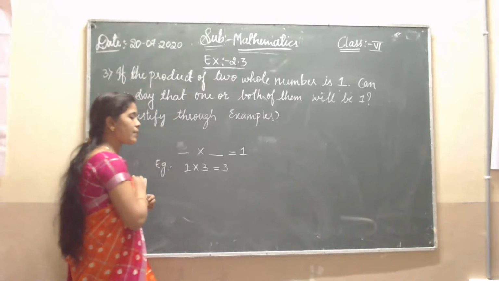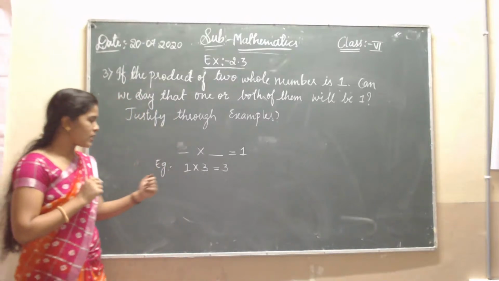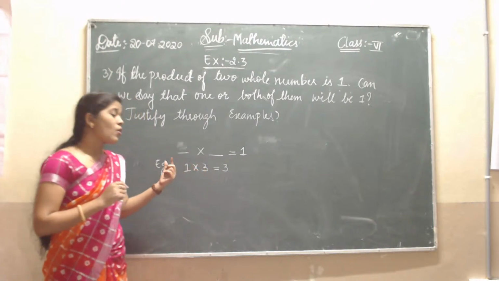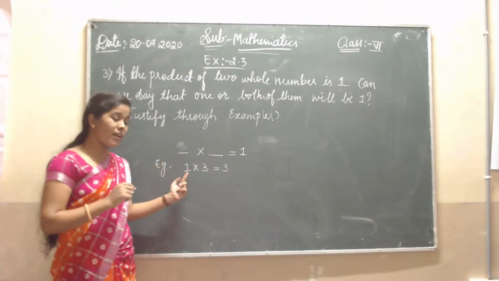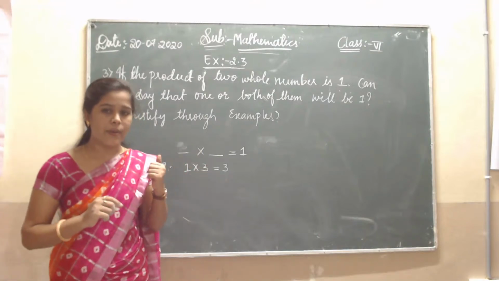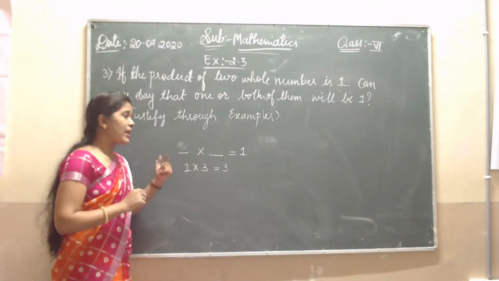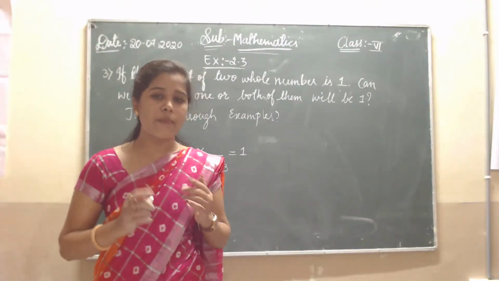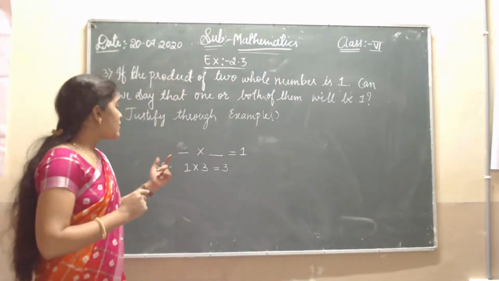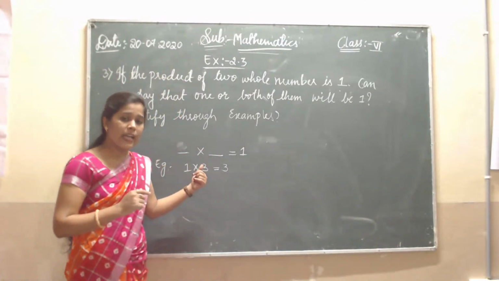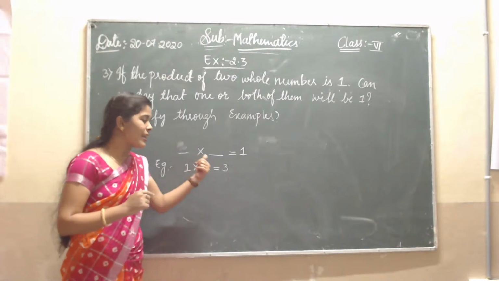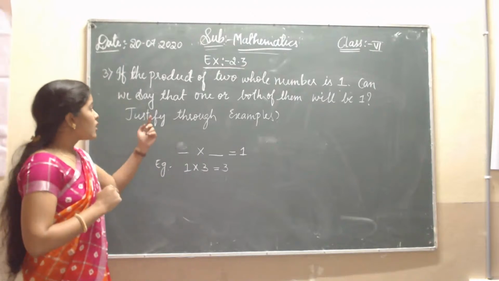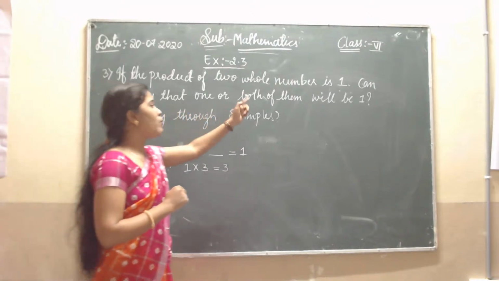We will get the answer 3, because 1 into 3 is 3. Multiply 1 with any number, you will get the same number. In the case of 0, if we multiply 0 by any number, we get 0 only. Here, if 1 is multiplied by any whole number, you will get the same number. Remember this point.